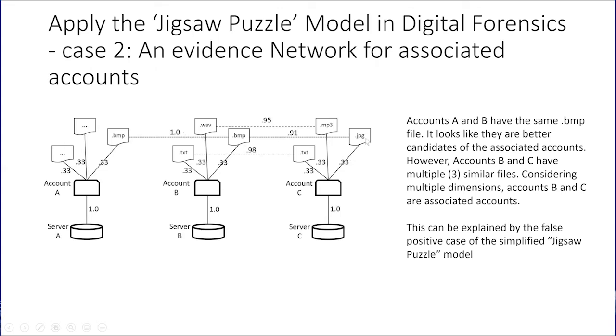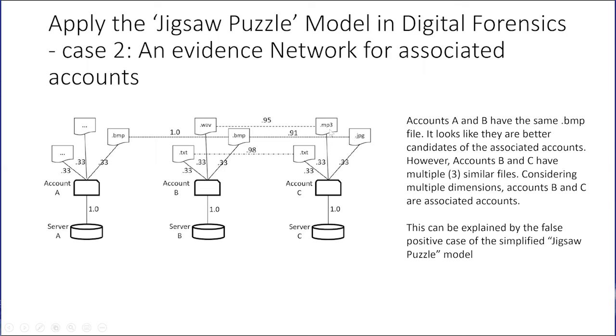However, this account has a similar, almost the same picture, but in a different format. It's in the JPG format, but the content is the same as this BMP file. So we can assign a 0.91 correlation between these 2 nodes.